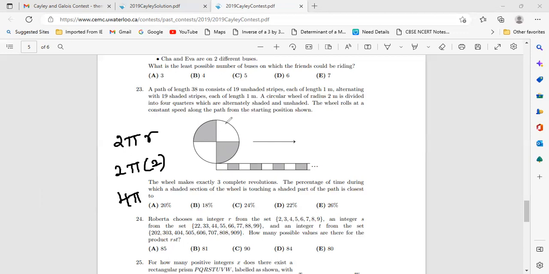If you notice, they have divided the circular wheel into 4 quarters. 4 quarters, which means when the shaded part of the circle makes contact with the shaded part of the path, it looks like this. I'll just show you that.